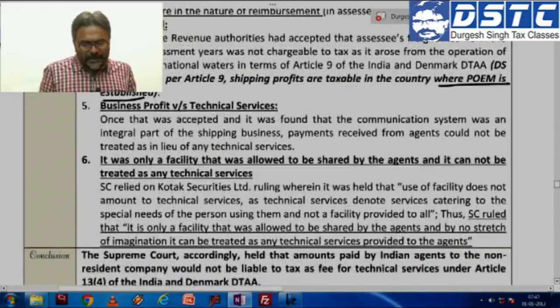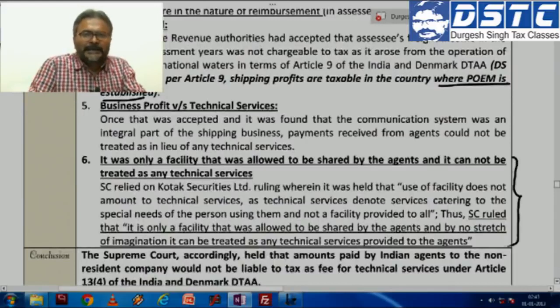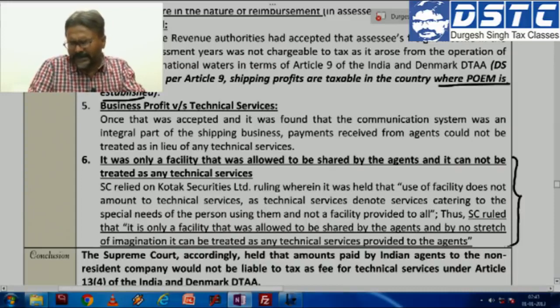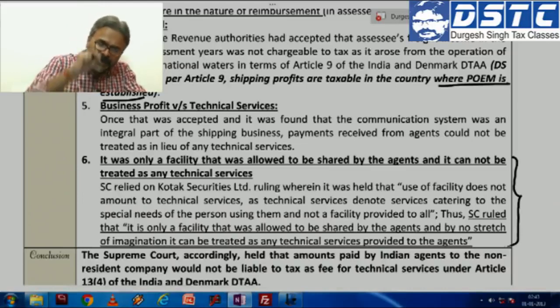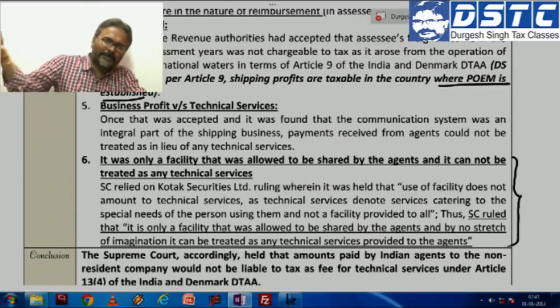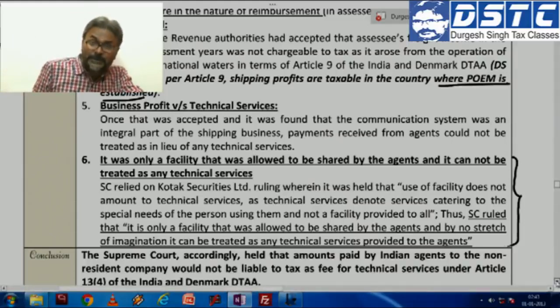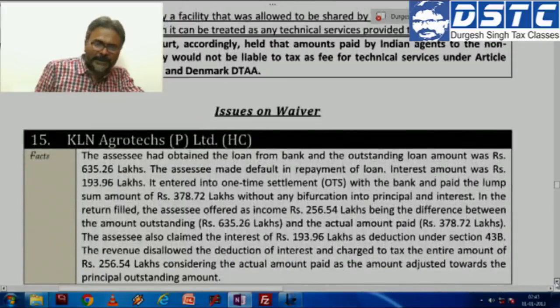So students, this is how it has been considered to arrive at the conclusion that the income is in the nature of business income, not in the nature of technical service. They have made a reference to Kotak Securities Limited, the case law which we have just now referred to. So please do make a reference as well. This is also an equally important case law.